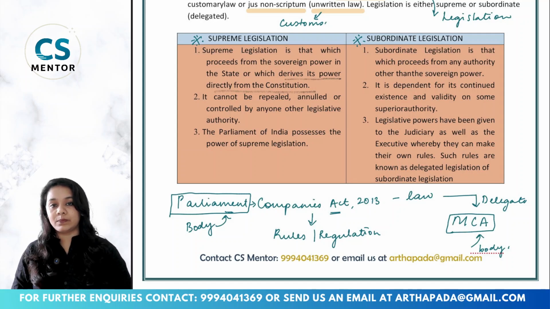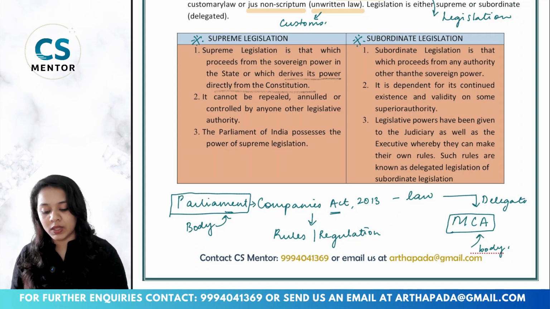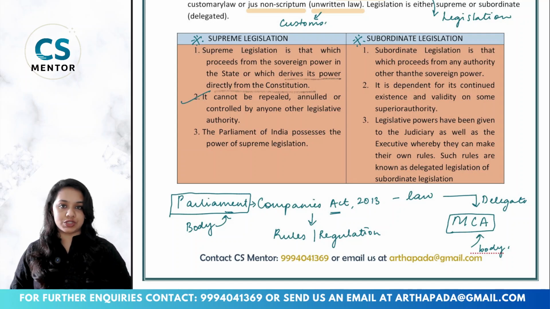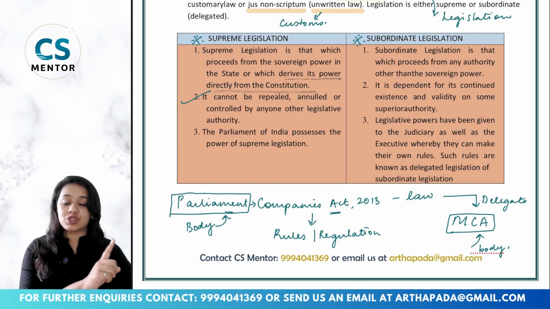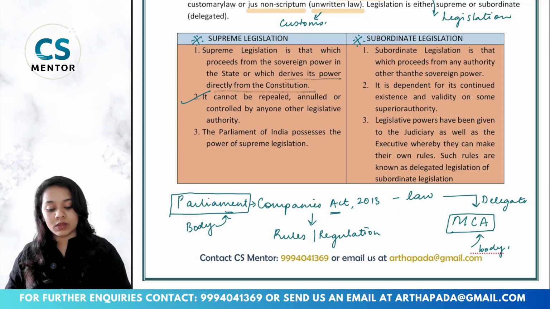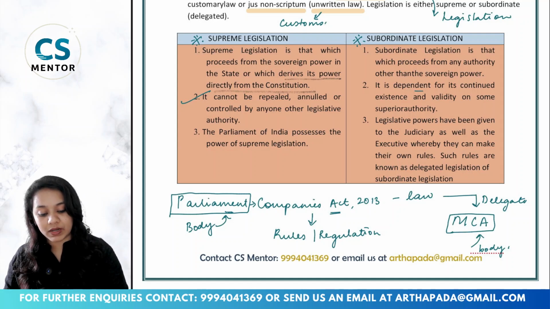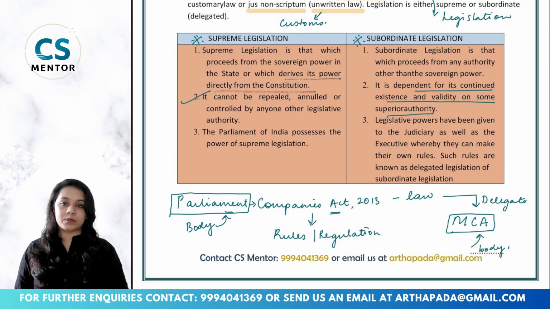So, ultimately, a supreme legislation is only to be controlled, repealed, amended, removed, added, changes made only by the legislature. Nobody apart from the legislature can do any such changes. But subordinate legislation is dependent on the superior legislation for its continued existence and validity.